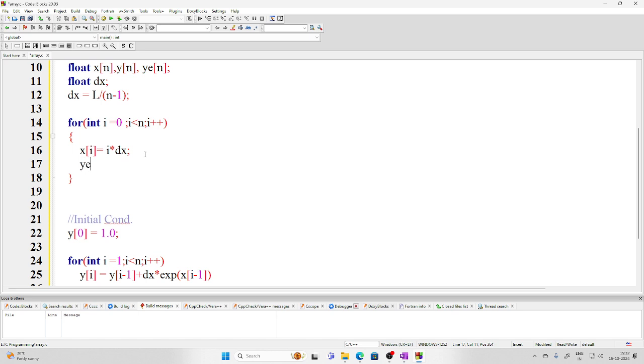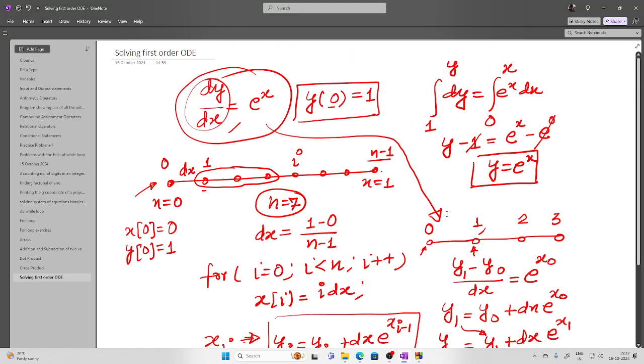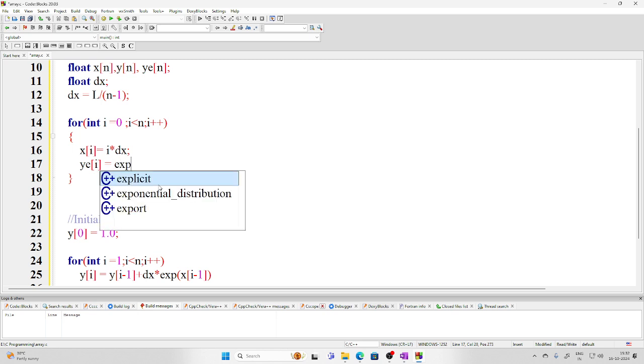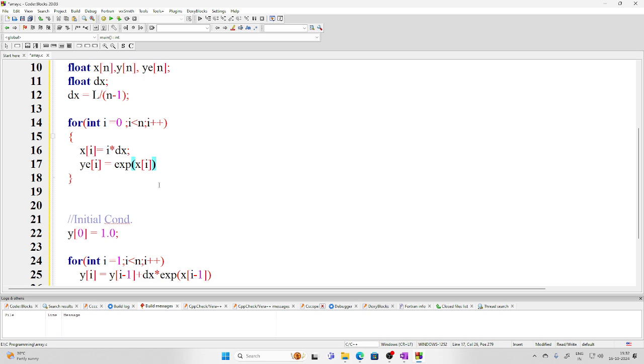So y exact i will be equal to what we have evaluated. We have seen that the exact analytical value was e to the power x. So it will be exponential of xi. That's it.